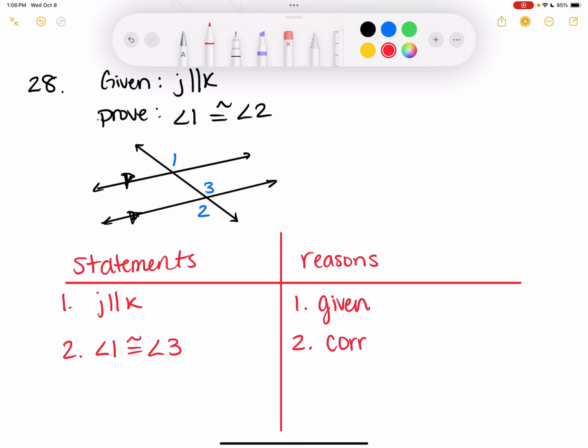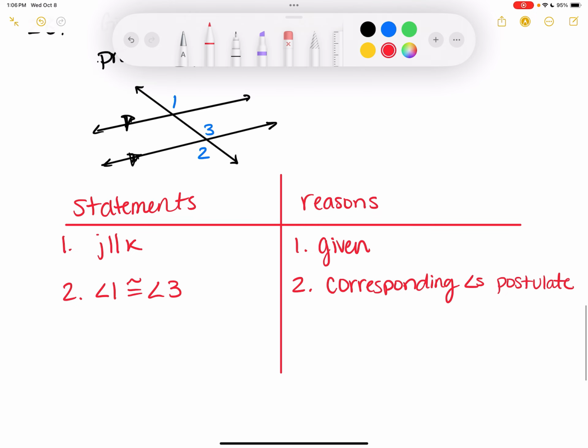Corresponding angles postulate. I also can see from my picture that 3 is congruent to 2. What is the reason for that? Yep, vertical angles theorem.